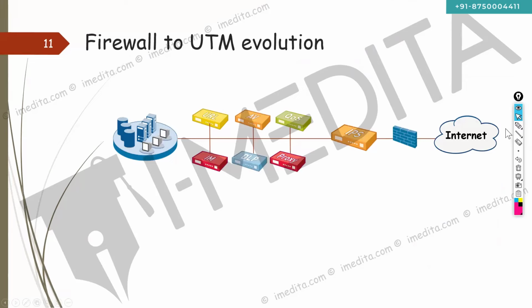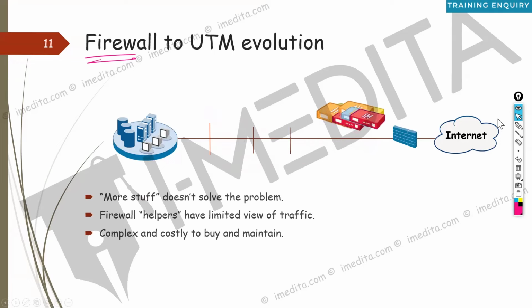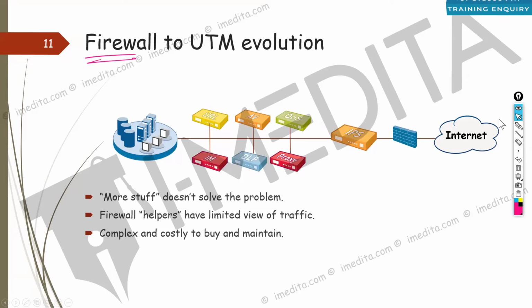Now, what is next? Next is here, firewall to UTM evolutions. Now, why is Palo Alto adding these terms here? Because look here, Palo Alto was established by Nirjuk. And Nirjuk worked in which organization?